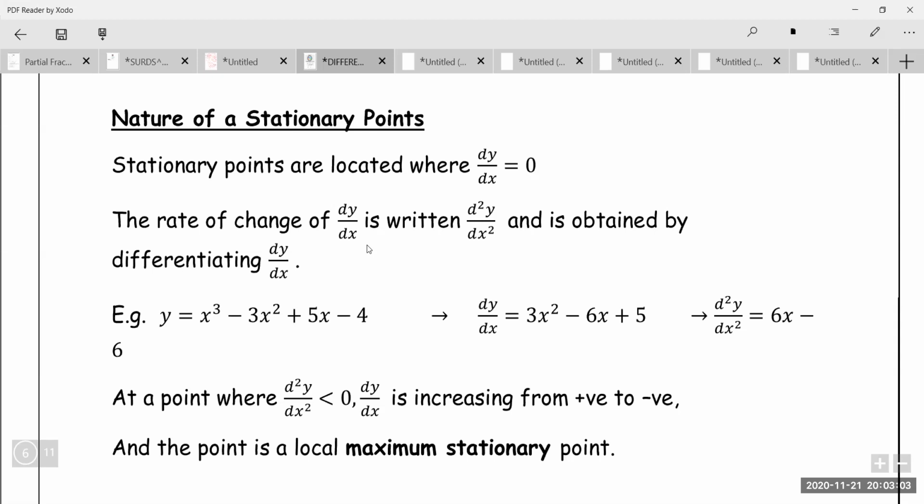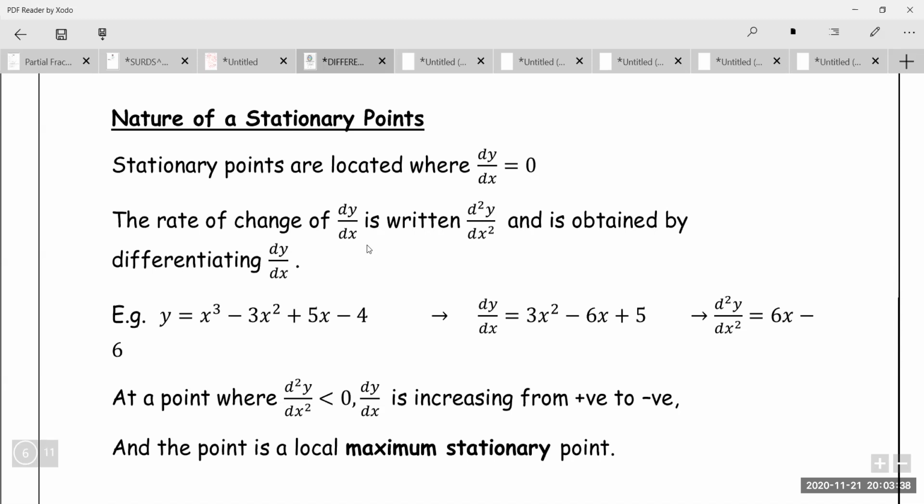If you're not moving, then you're not rising. You're not going any distance, don't it? So you're not rising, and so the gradient is 0. So the gradient at a stationary point means dy by dx equals 0. You got that? So the gradient at a stationary point, dy by dx equals 0.